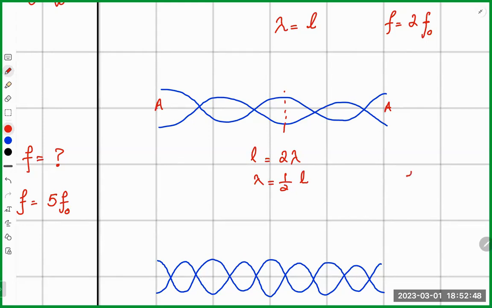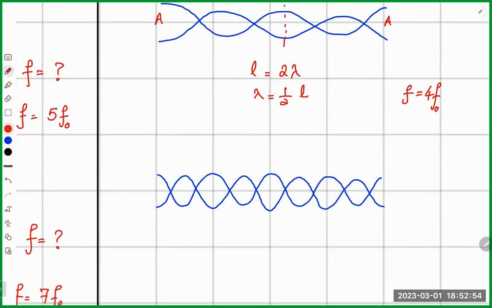This will make the frequency go 4 times. Then L equals 4 lambda, so lambda equals 1 over 4L. So the frequency will be equal to 8 times the fundamental frequency.